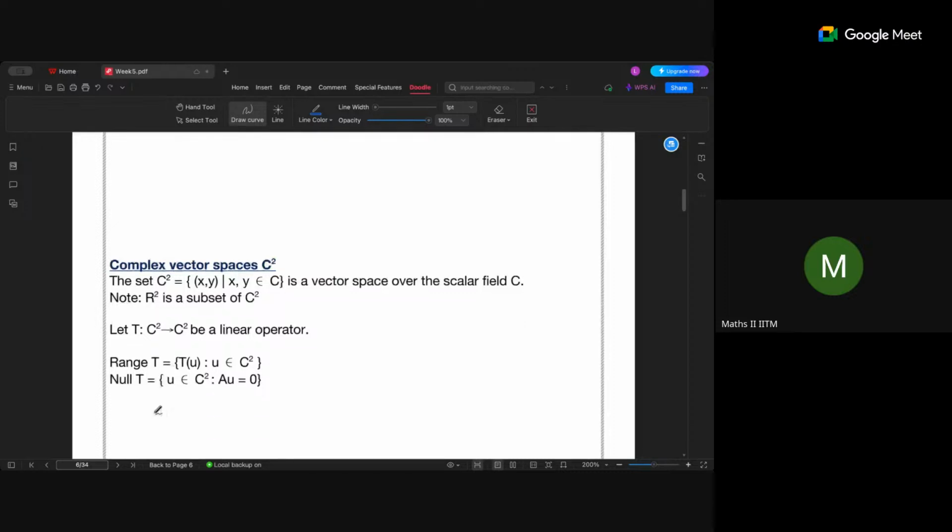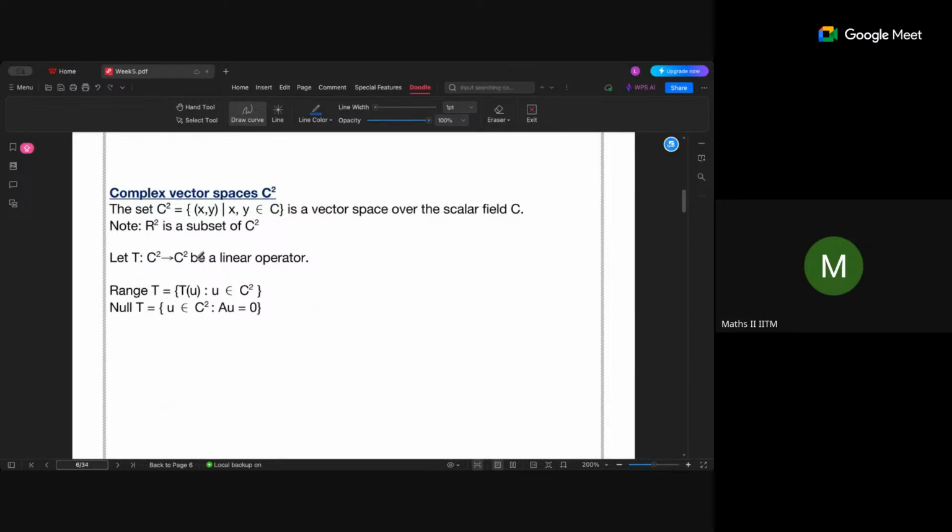All the definitions are the same. T from C2 to C2 is a linear operator. Range and null space are defined exactly in the same way. Only change is that in place of R we have C, complex numbers.